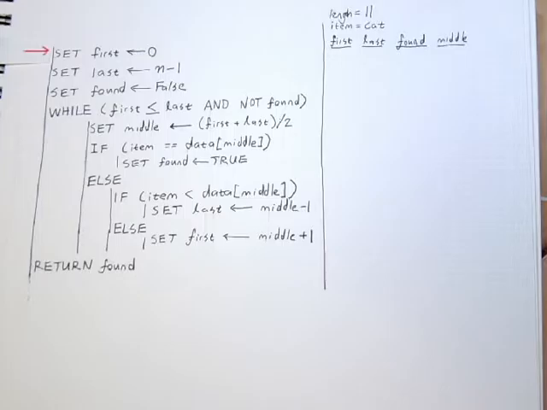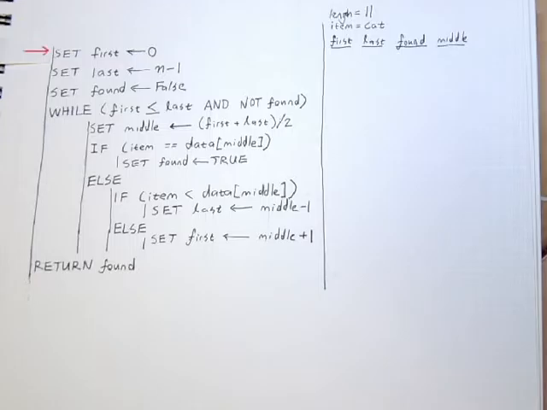If first and last are both equal, so in this case both equal 5, then we ruled out everything prior to 5 and everything greater than 5, and that means we have a list with one element in it, in this case dog.